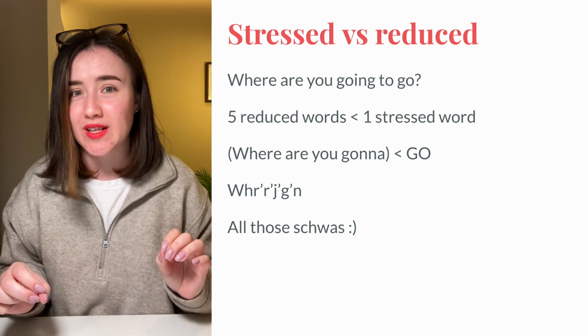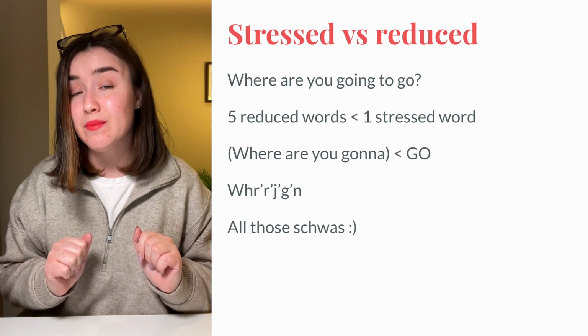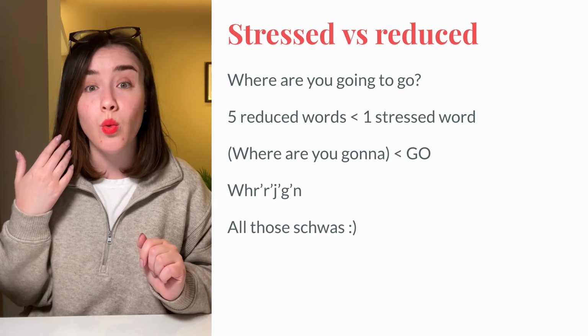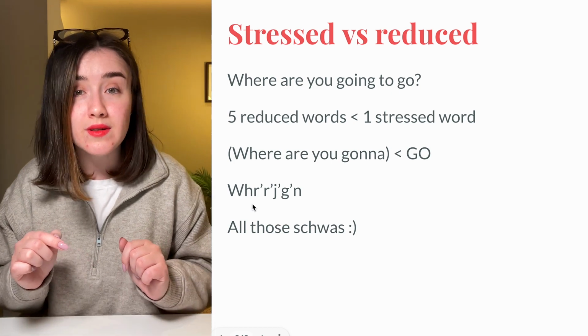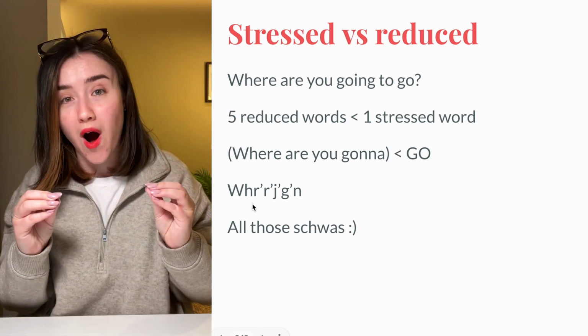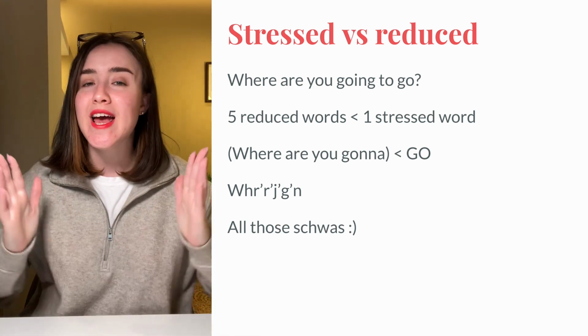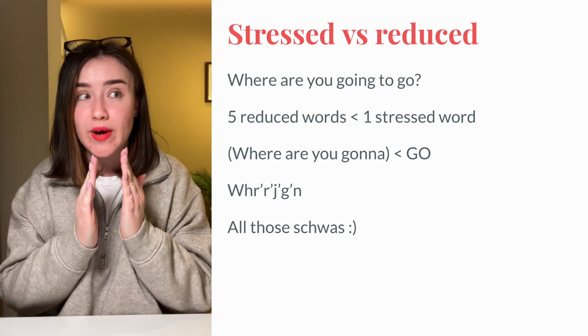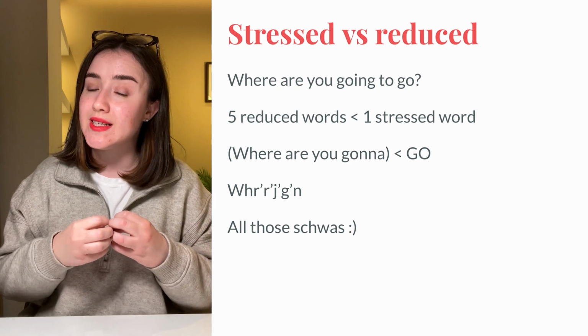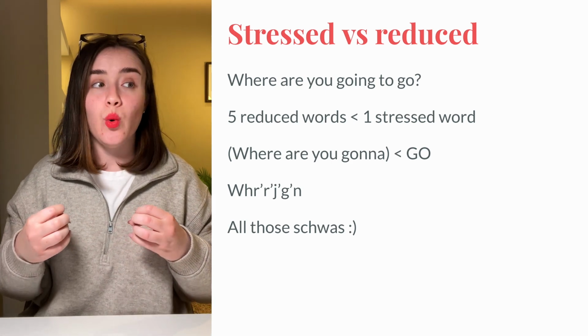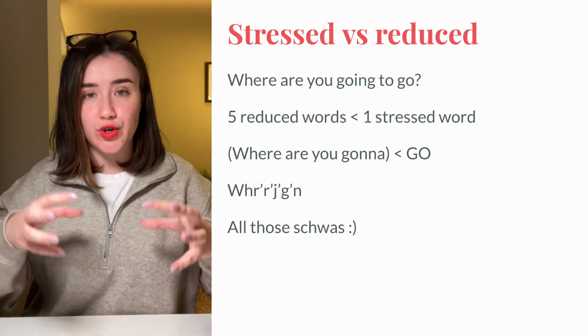We don't really speak like that, but it makes it much easier for you to understand what I'm talking about, right? So, where are you gonna, right? It is all schwas. Remember, when something gets reduced, it has less space, right? The same story as with reducing syllables inside of a word. So, we have stressed parts, stressed words.